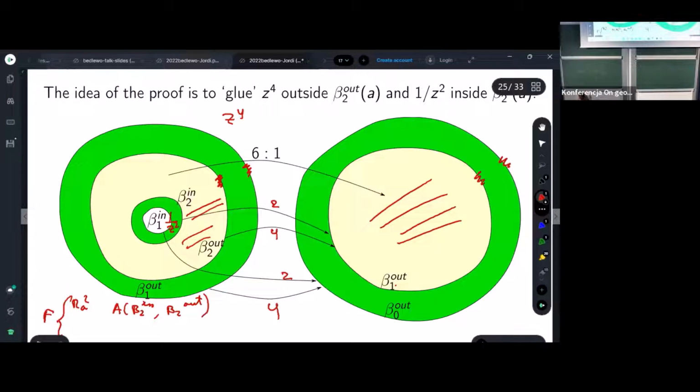You are going to have z to the power of 4 in the exterior of beta 1 out. And we are going to have interpolation in the green zone.